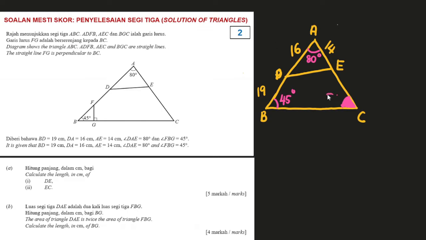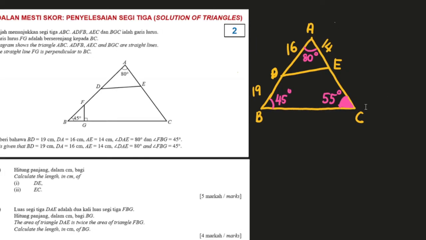So for angle C, we know that it's 55 degrees. When you redraw and put the information in, it will help you ease your solution later for your first question. Okay, anything else?